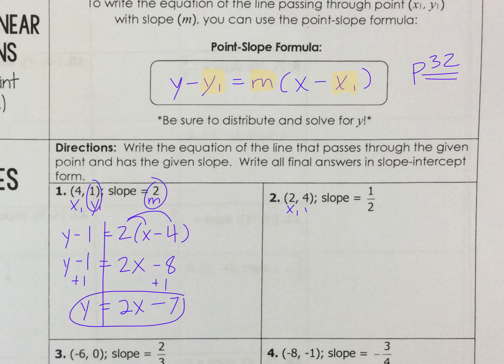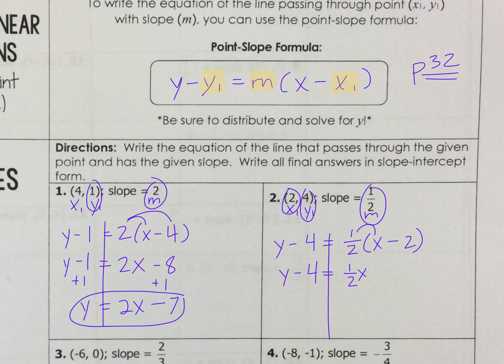We're going to label these x1, y1. This is my m. I'm going to write that point slope formula. y minus y1 is 4 equals m is 1/2 times x minus x1 is 2. y minus 4 equals, distribute, 1/2 times negative 2 is minus 1.